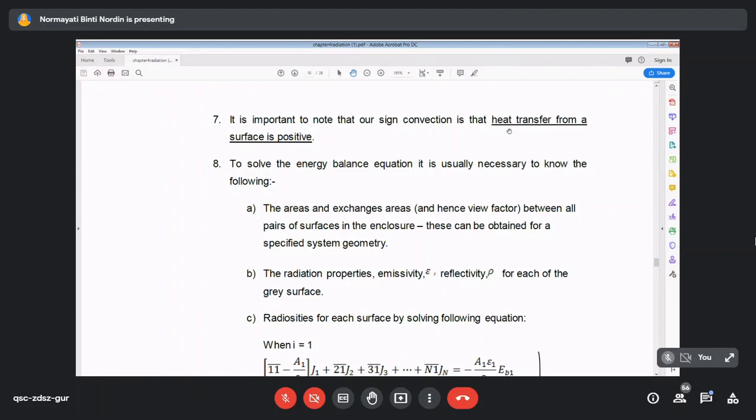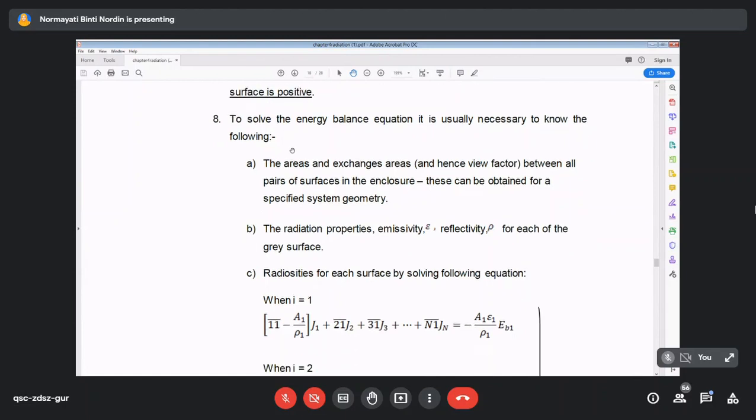If negative, it means that it arrives at that surface. So this is the signing, which tells about the direction of the heat, either from or arriving at that surface. If it is positive, it is from that surface. If it is negative, it arrives at that surface.